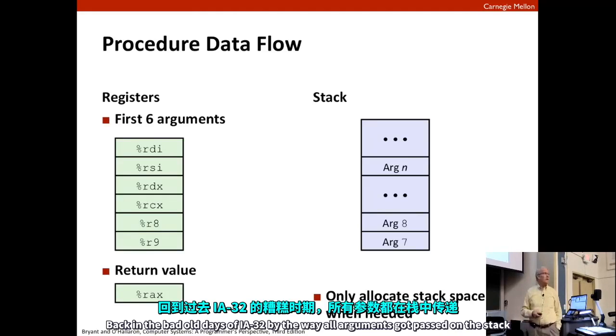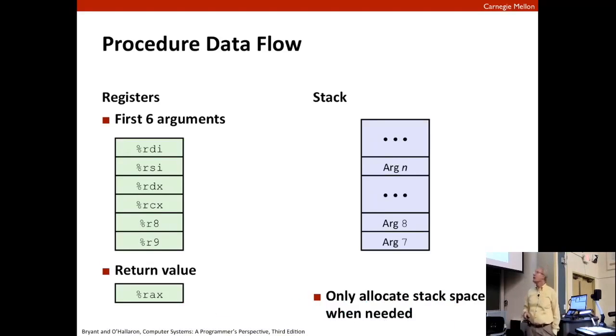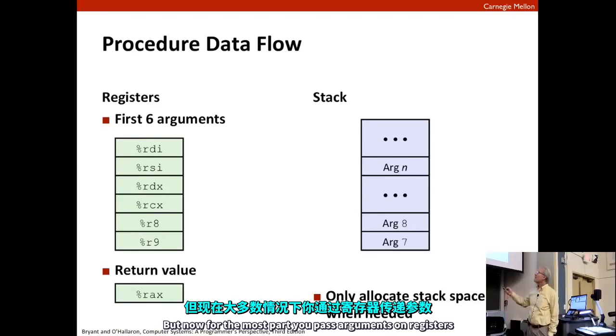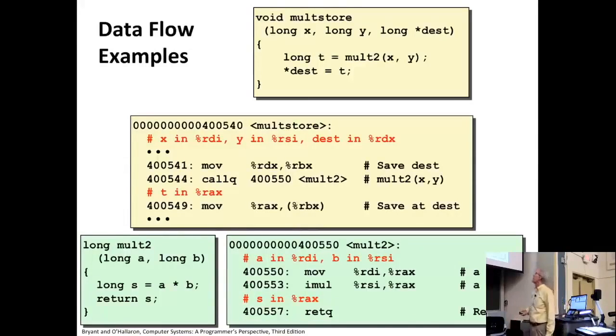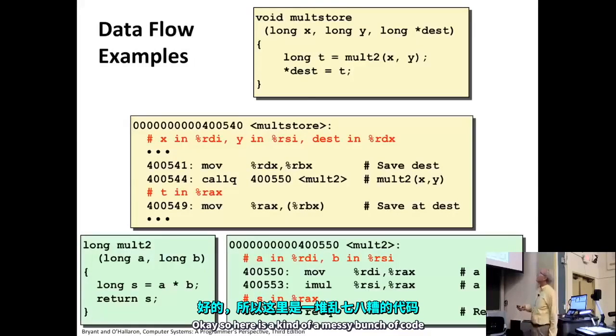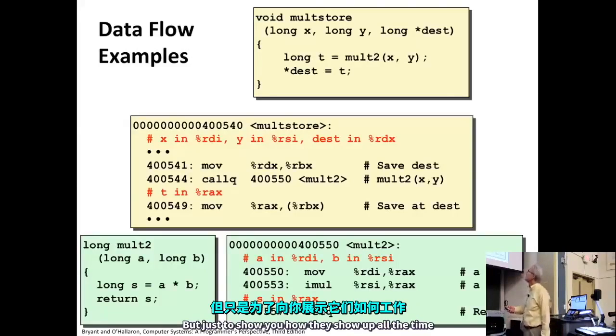Back in the bad old days of IA32, by the way, all the arguments got passed on the stack. But now, for the most part, you pass arguments in the registers. And the reason for that is register access is way faster than memory access. Okay, so here's a kind of messy bunch of code, but just to show you how these show up all the time.